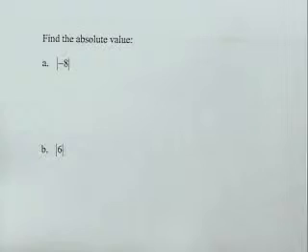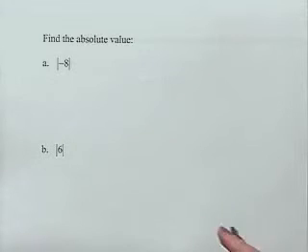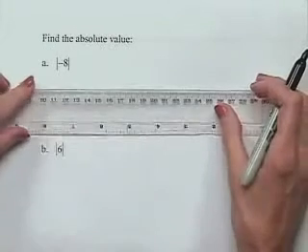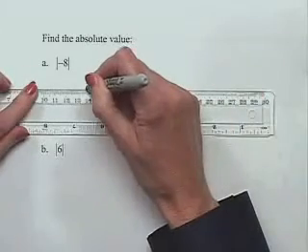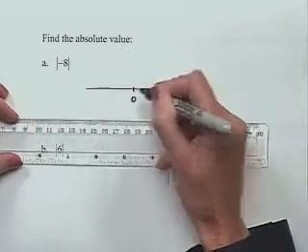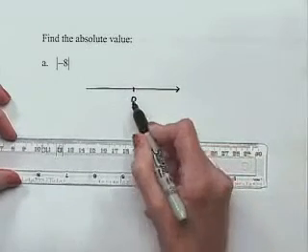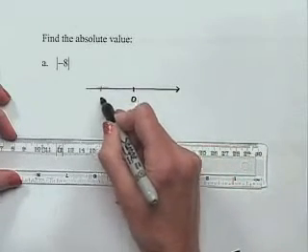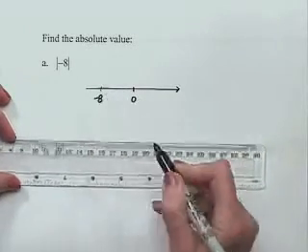Now here's a problem dealing with absolute value. Find the following absolute values. We have the absolute value of -8. We want to make sure we understand what absolute value is giving us in a format where we think about the number line. If here's a number line and there's 0, we would know that -8 would be to the left of 0.